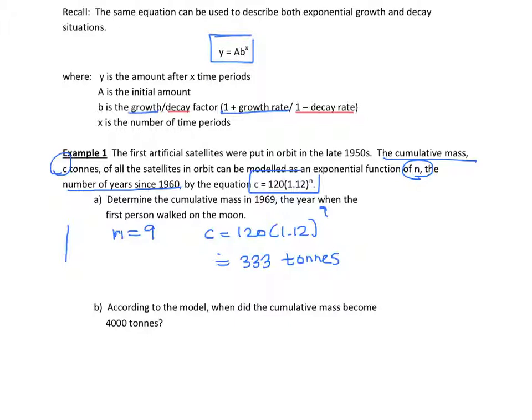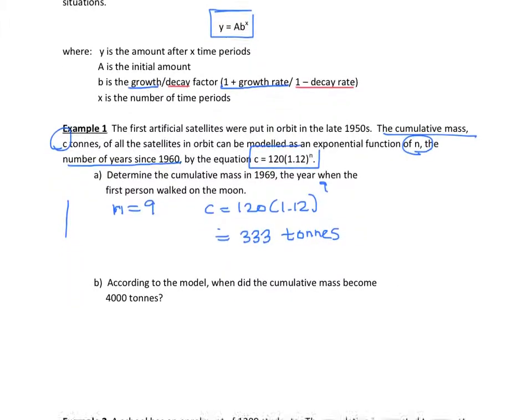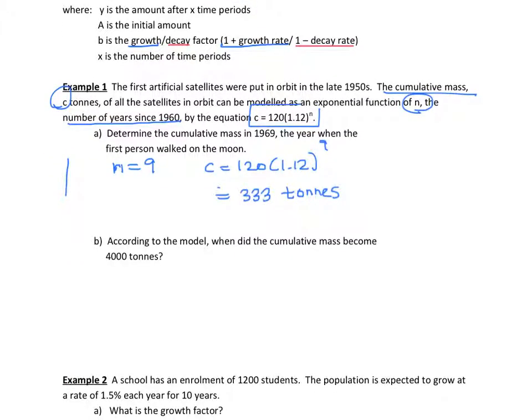Okay, now the next part of the question says, according to the model, when did the cumulative mass become 4,000 tons? So now we have a little bit more work to do. So in our equation then, C is 4,000. So we're going to replace C with 4,000.